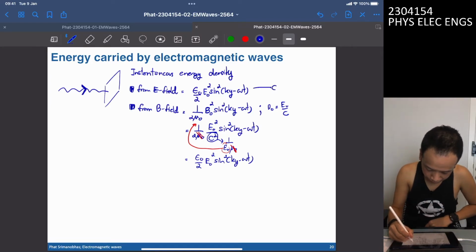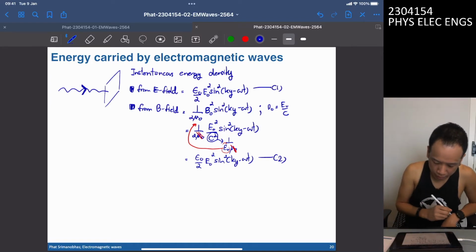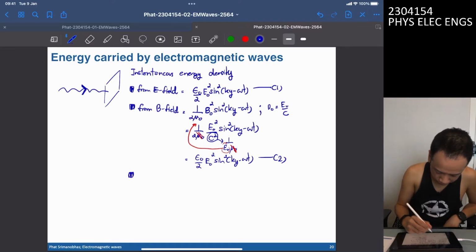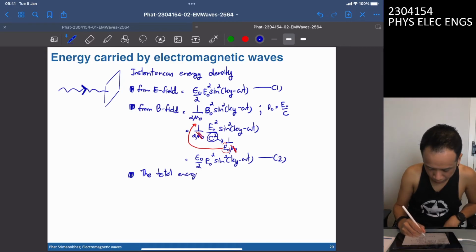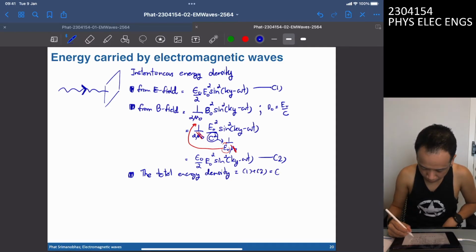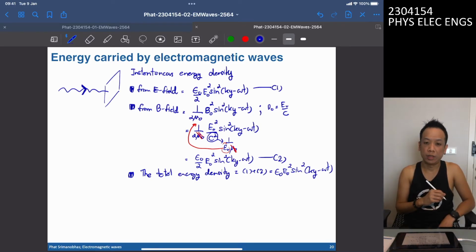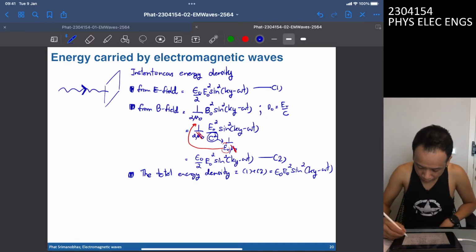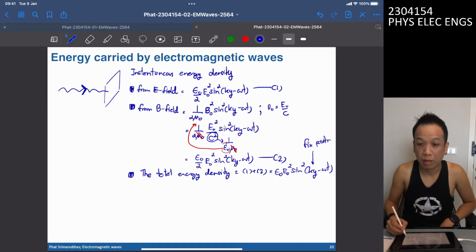Okay, so the total energy density becomes 1 plus 2, right? So it becomes epsilon 0 E0 squared sine squared of (ky minus omega t). Okay, and then if you fix the y, if you fix the position, what changes is time.